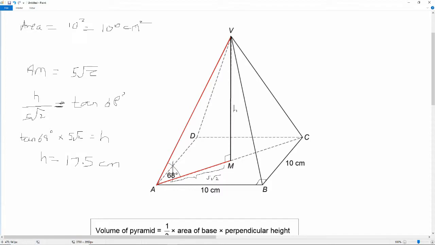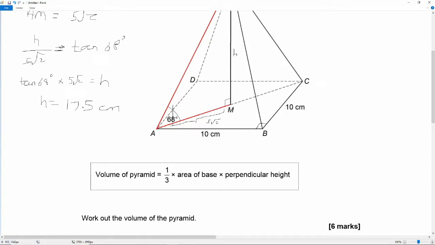Okay, so the volume of the pyramid is a third of the area of the base times the perpendicular height. So that's 1/3 times 100 times 17.5, which is equal to, I'm just going to put that in the calculator.